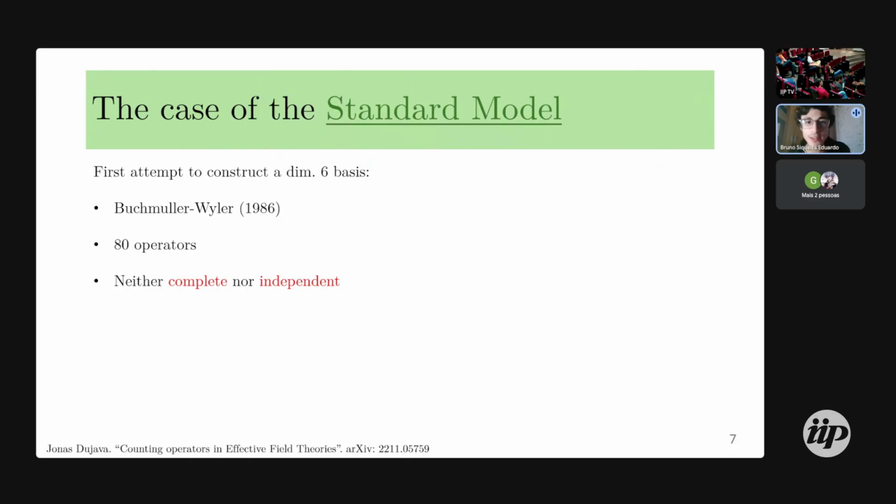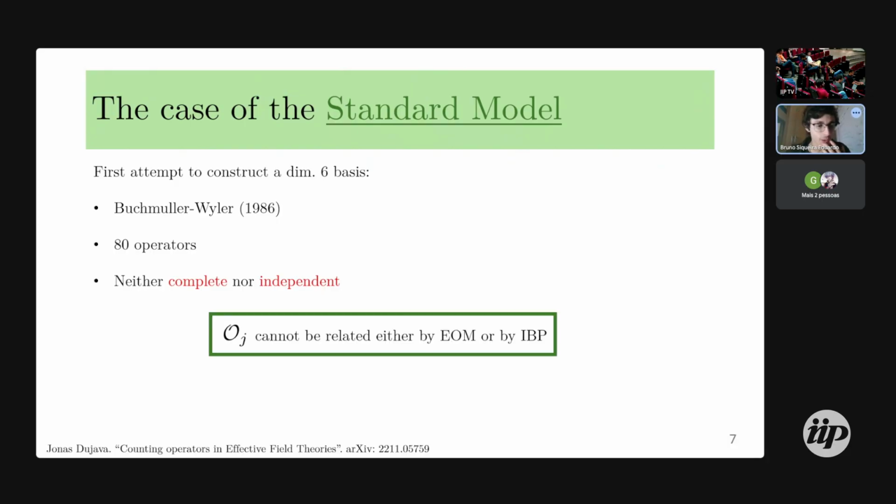or they were linearly dependent, so you could make a change of variables and rewrite one operator in terms of the other. So this is a really hard problem to choose which operators you're going to work with without being redundant. Why is this even dangerous?